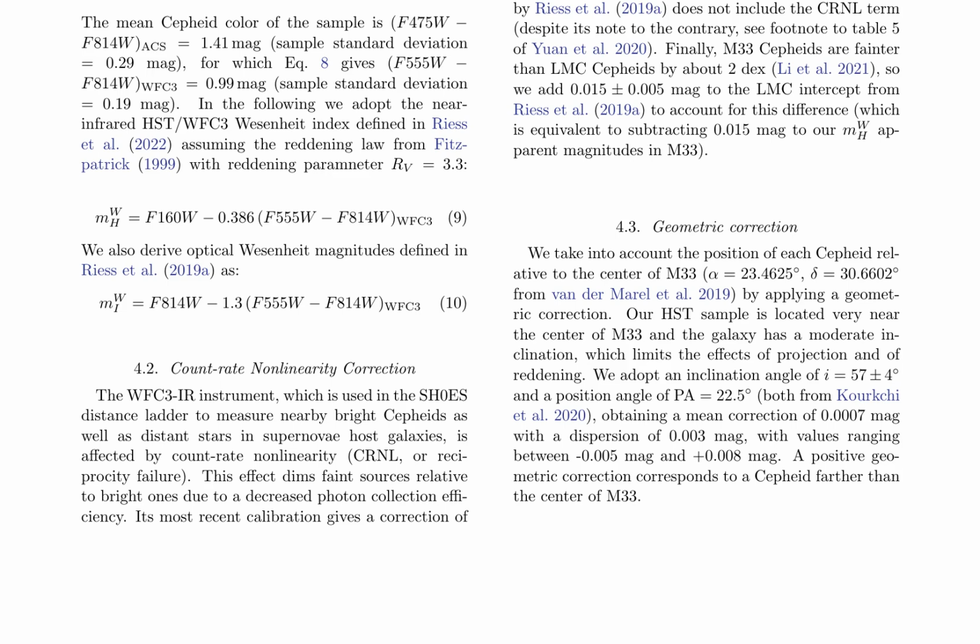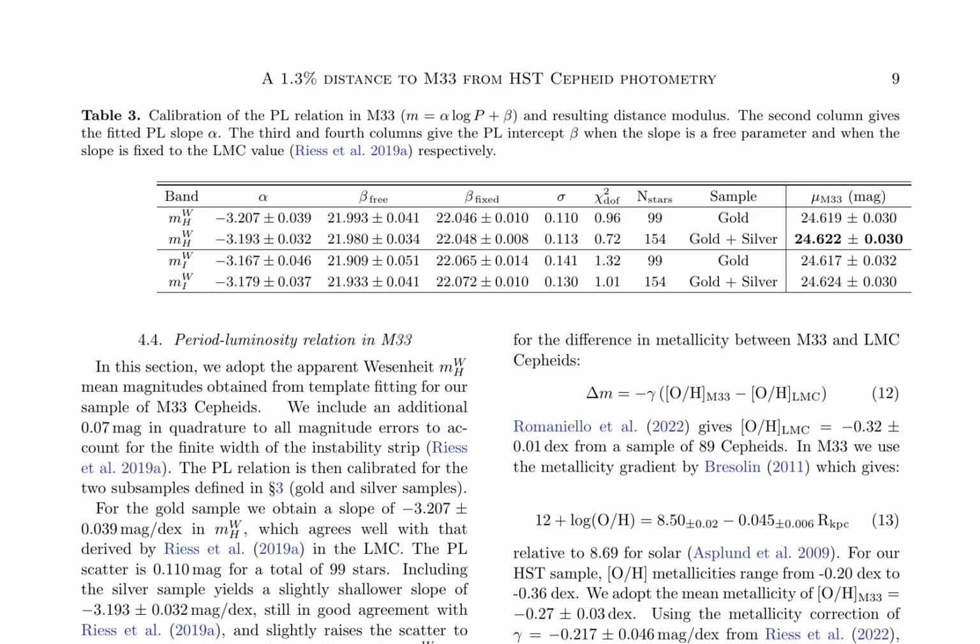The scatter of the PL relation is 0.113 mag. The PL relation is crucial for determining the distance to M33, which is estimated to 1.3% from HST Cepheid photometry. This research paper presents a comprehensive analysis of the period luminosity, PL, relation in M33, a nearby galaxy, using a sample of Cepheid variables.